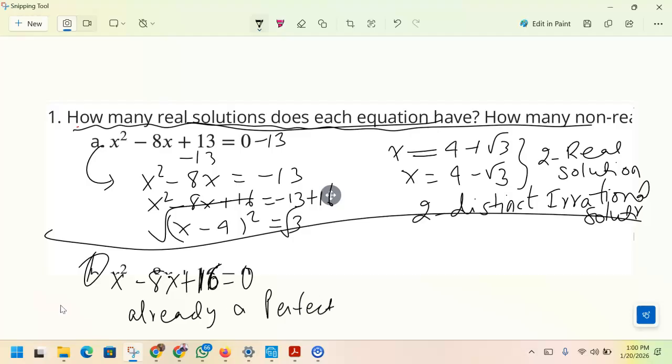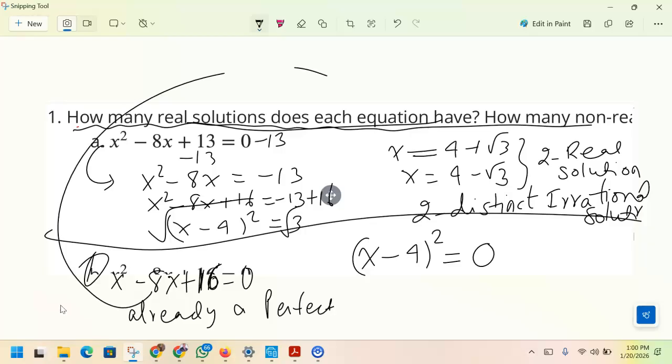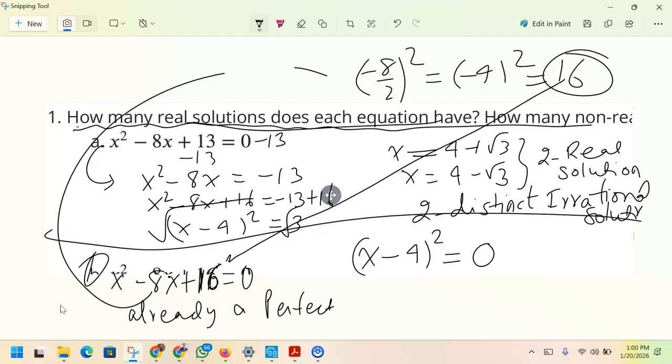What that means is we can write directly x minus 4 the whole square equals 0. The reason is if you take half of minus 8 and square it, negative 4 squared is 16. And this 16 is right here, see? So we don't have to do anything. We can straight away write the perfect trinomial.